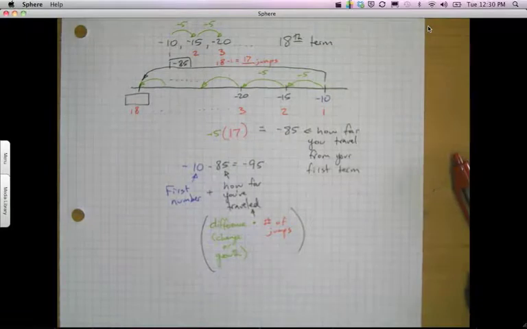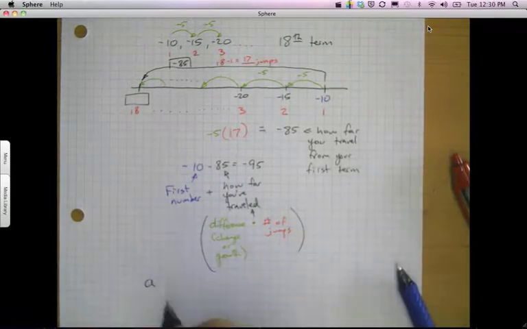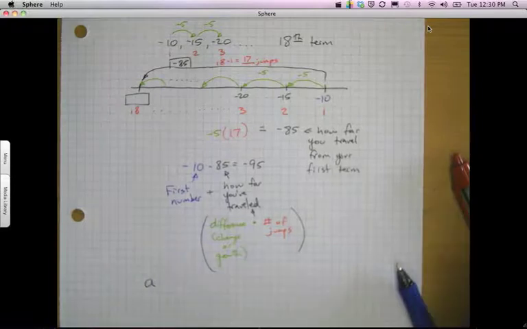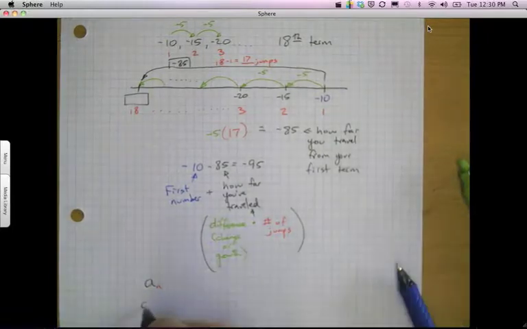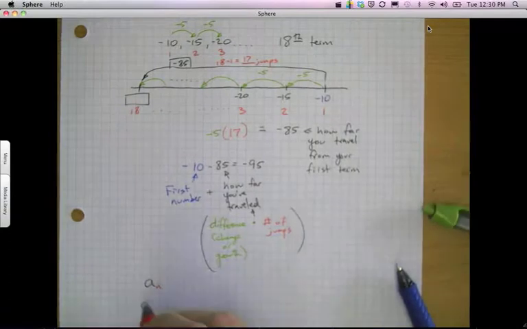If I want to write this using numbers, I'm going to say my first number is going to be, well, I'll call this the series A. So this is where I'm going to start introducing my notation for this. A sub n is going to be the term number that I'm looking for. In this situation, for my 18th term, it would be A sub 18.